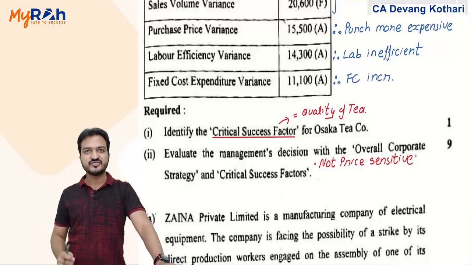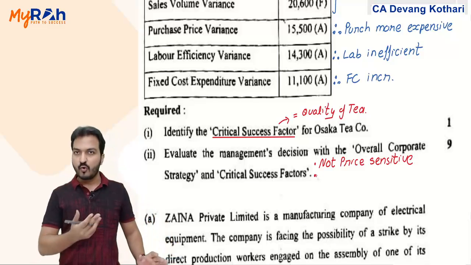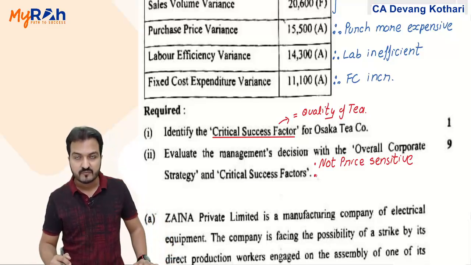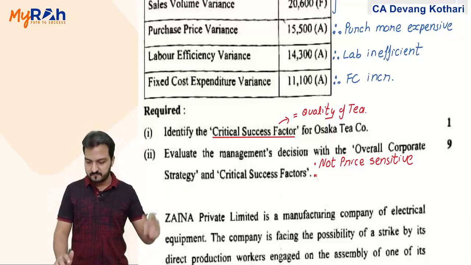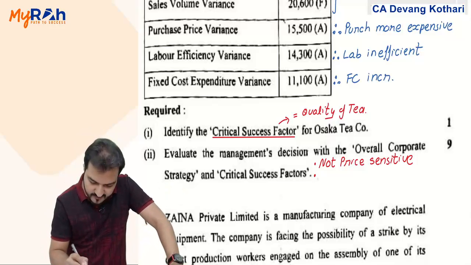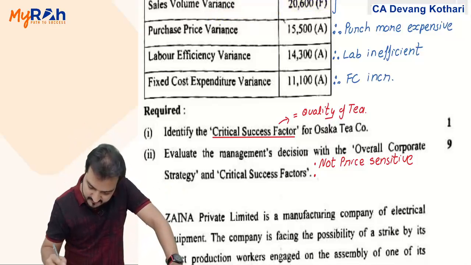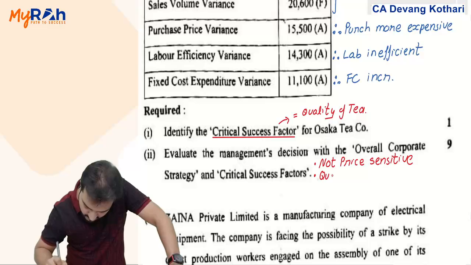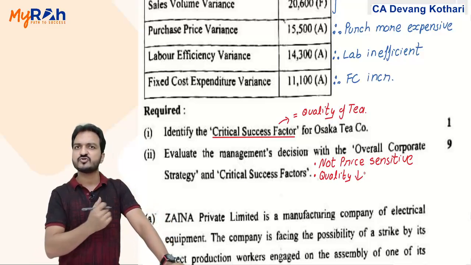So it was a wrong decision to decrease the price. Because of decreasing price, the quality might have also deteriorated. That is why the volume did not increase significantly. Yeah. So due to less price, maybe quality also deteriorated, and that is why every variance is going adverse.